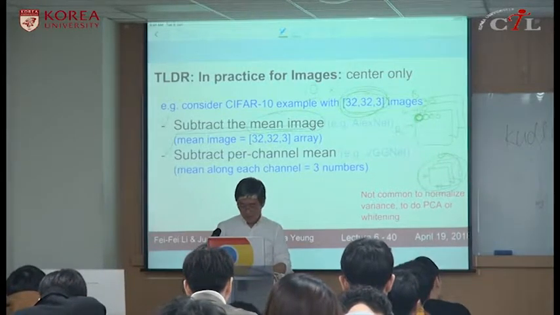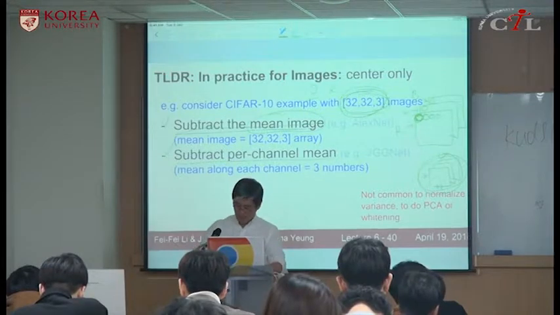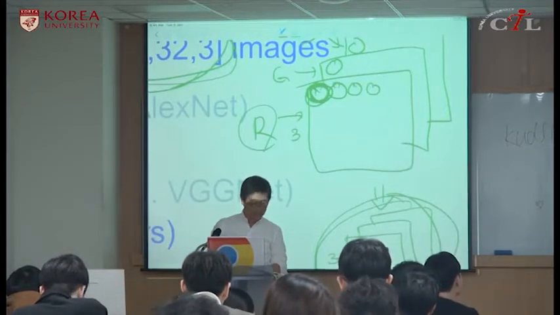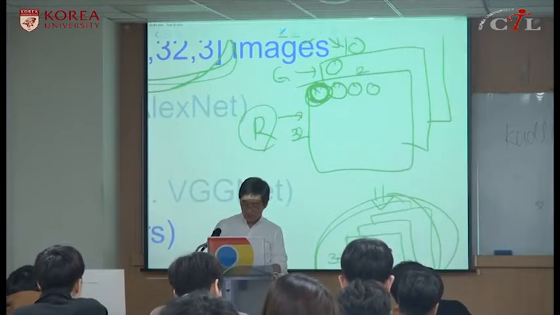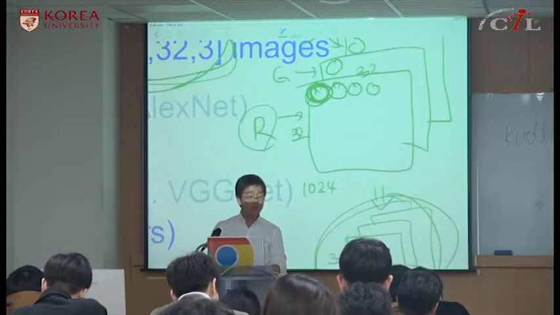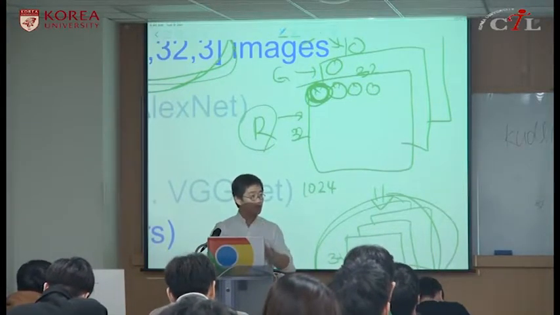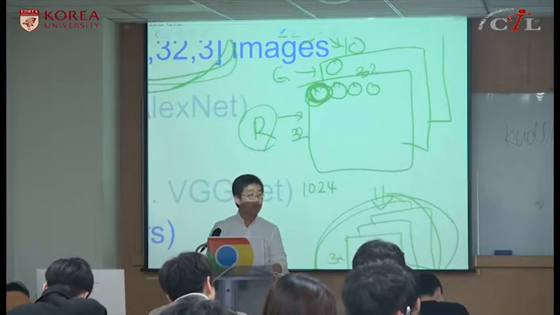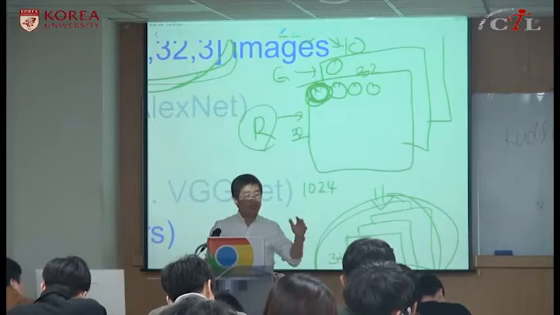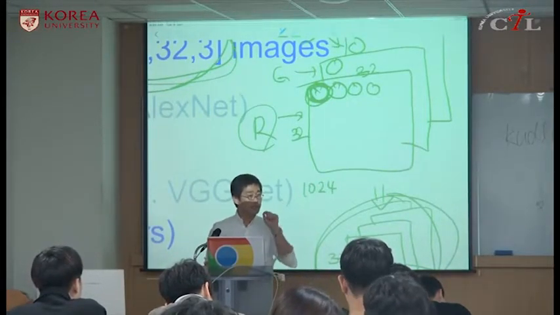And then the second one, per channel mean, is as follows. Within the R channel, we have 32 by 32 numbers, which is in total 1024 different pixels within the red channel, right? And we have 10 different images, and thus we take the average across different pixel positions.